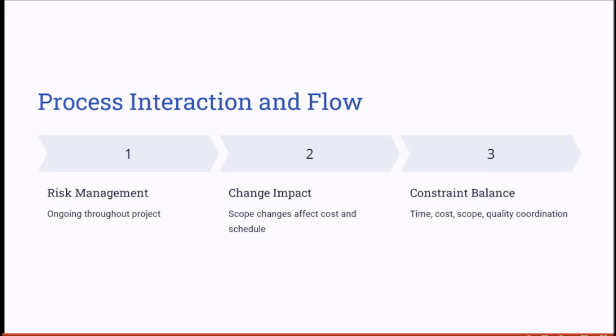The iterative nature of processes. Processes are not always linear, especially when working in an agile methodology, which adapts processes based on changing needs. The traditional projects, the waterfall projects, follow a structured sequence with the knowledge areas and the main process groups.